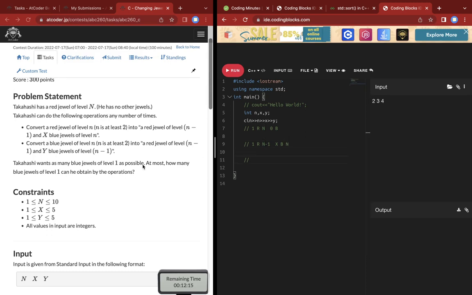So now he has two choices. Earlier he had only one choice.